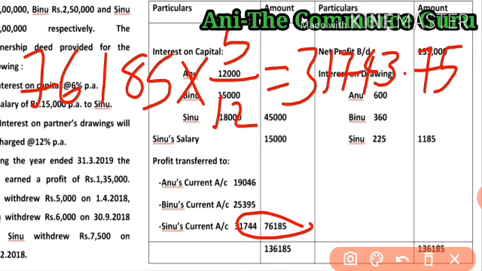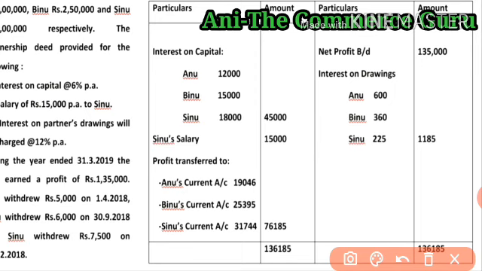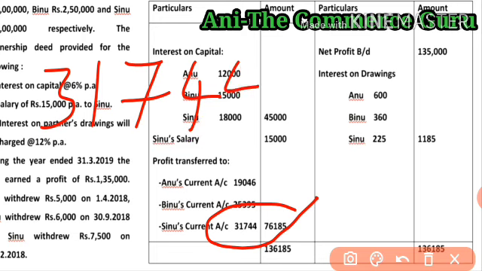This amount also comes in decimals. Since after the decimal it is 7, which is more than 5, we can ignore this portion and add 1 to it, so it comes to 31,744. 31,744 is the portion of Sinu's profit.